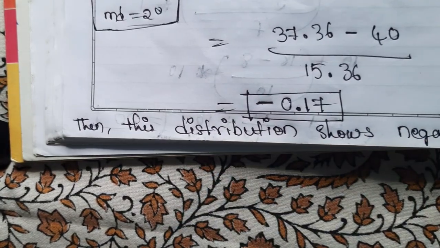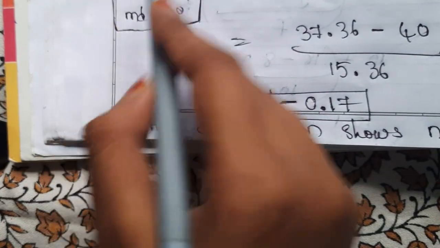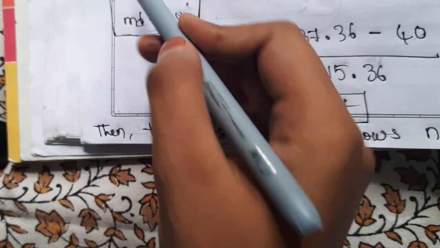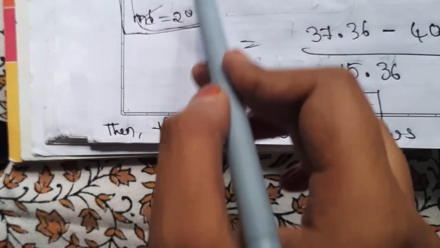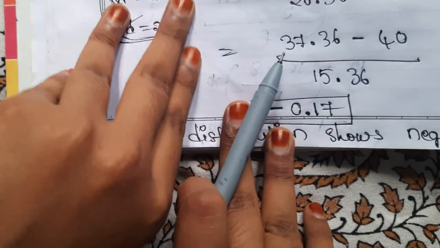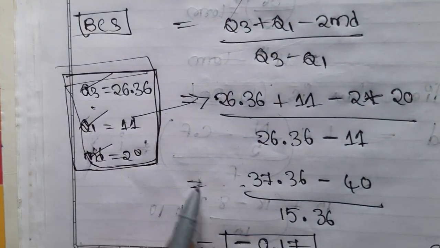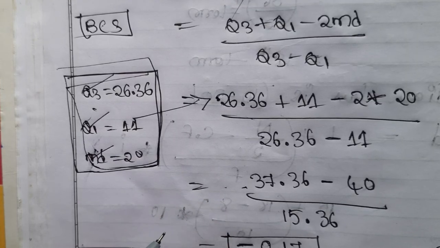Okay, so done. We are done with the solution. You have to just find Q3. You should remember the formulas. Q1, you have to remember the formulas, and the median formula. If you find these, you can easily substitute all the values into this, and you can easily find Bowley's coefficient of skewness. If you have any doubts, let me know in the comment section.